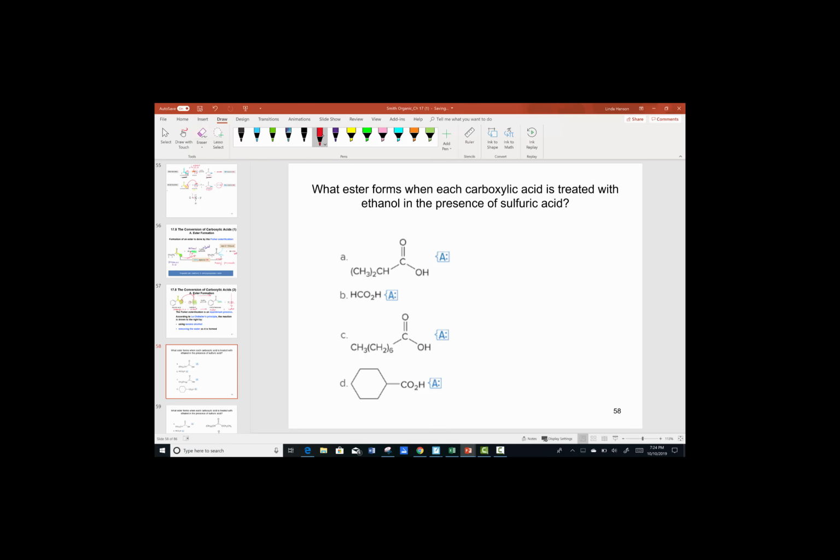Try some on your own. We're going to use ethanol in the presence of sulfuric acid. Ethanol is a 2-carbon chain, so the alcohol would have 2 carbons in its chain, CH3, CH2, OH.